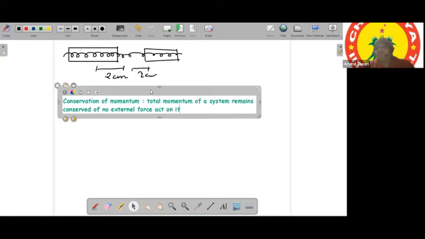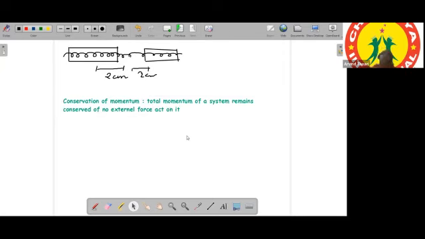System means a system may be made up of one particle, two particles, or three particles. Of whatever number of particles a system is made up of, its total momentum remains conserved.